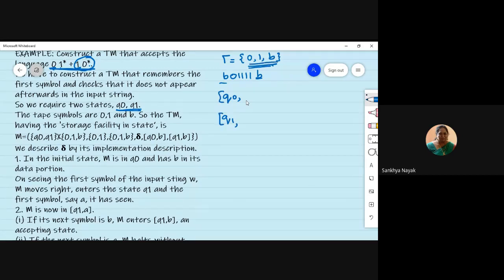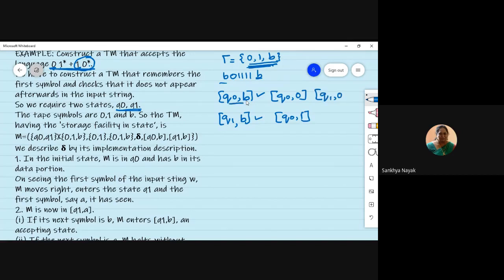Okay. So since 3 symbols are there, I'll use Q0 on B, Q1 on B. This is one state. This is one state. Similarly, Q0 on 0 is one state, and Q0 on 1 is another state. Similarly Q1 on 0.